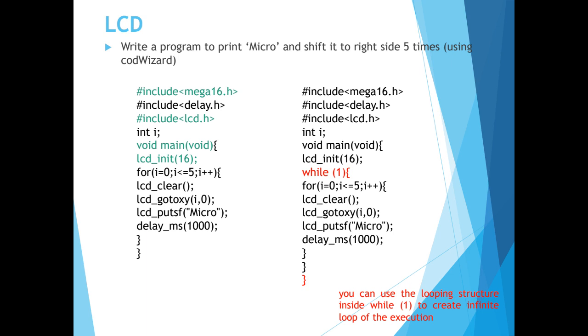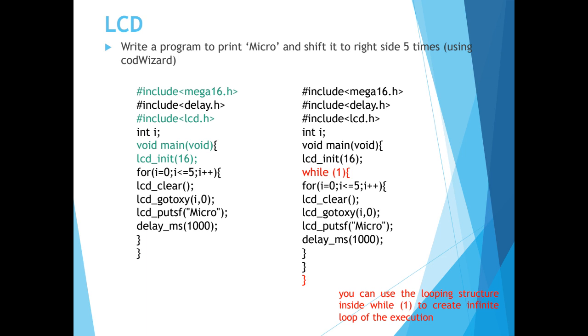As you remember, in previous sessions when we were coding LED and also LCD, I said that because we want to have sufficient information about different types of coding without using Code Wizard, I didn't use Code Wizard of Code Vision. But today when I'm trying to write the code in Code Vision, I use Code Wizard. So here, as you see in the slide, there is another code example related to LCD.